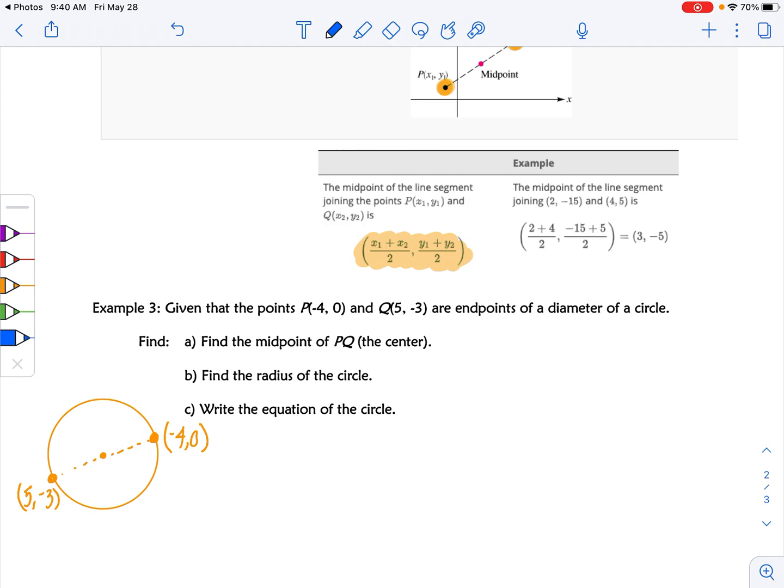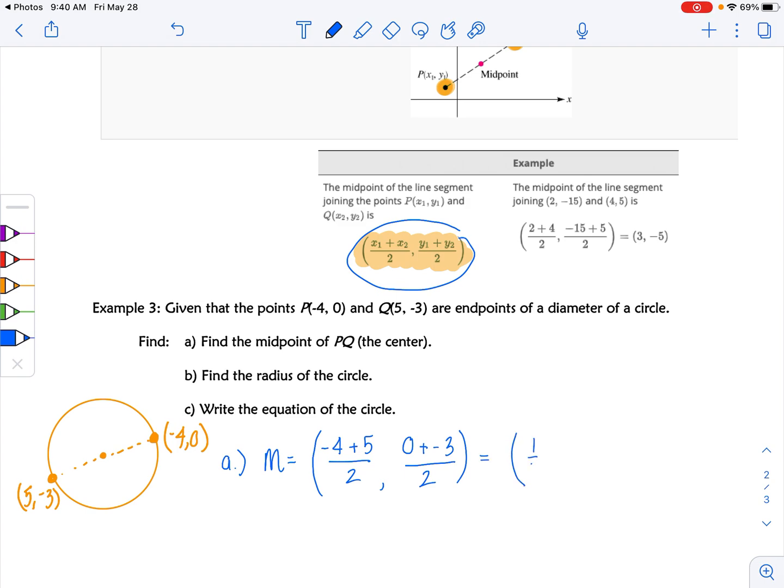So here we go, part A, midpoint formula. Follow it right here. It doesn't matter which point you call x1, y1. I'll just start with -4, 0. So this is my x1 plus my x2. It's a point, so remember it's going to be a coordinate point. And then 0 plus -3 over 2.